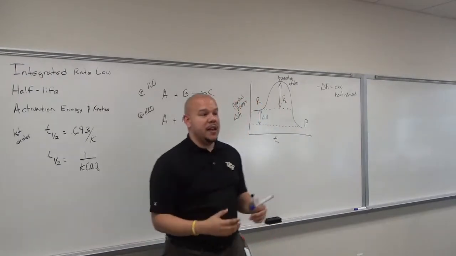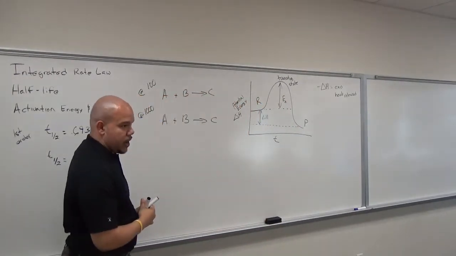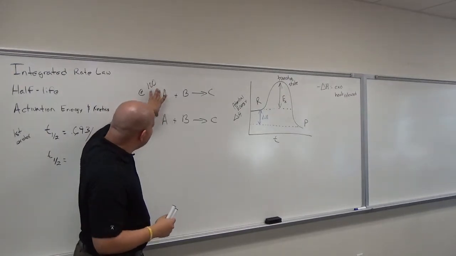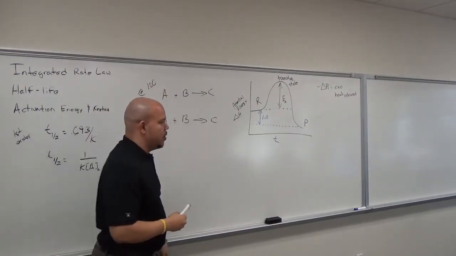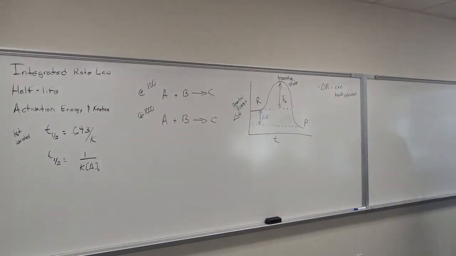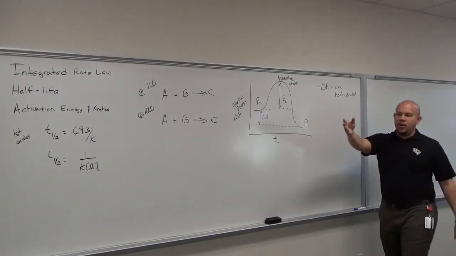So that's the nature of the environment, the nature of the chemicals. But here, temperature does not dictate activation energy. Activation energy, for the most part, is consistent over the range of temperatures that we normally deal with. What I just explained is shown here.